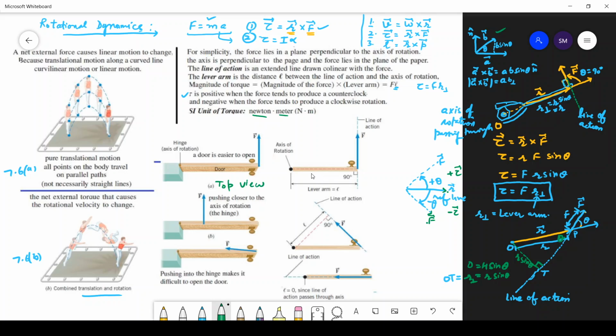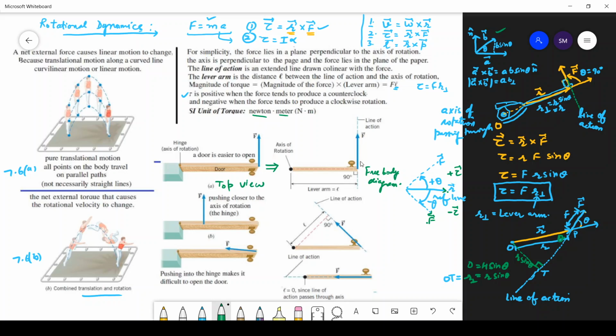What do you call this kind of figure? Free body diagram. Yes, very good. This is your free body diagram, sort of. This is your axis of rotation.